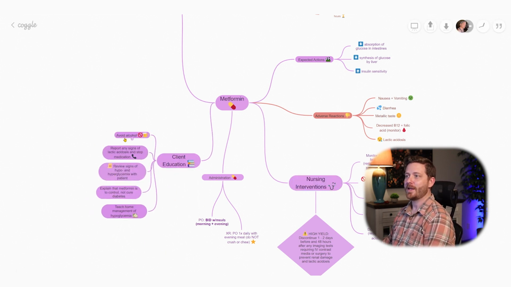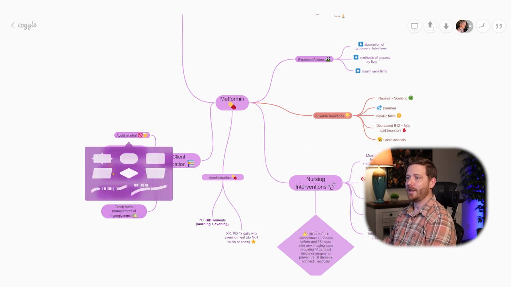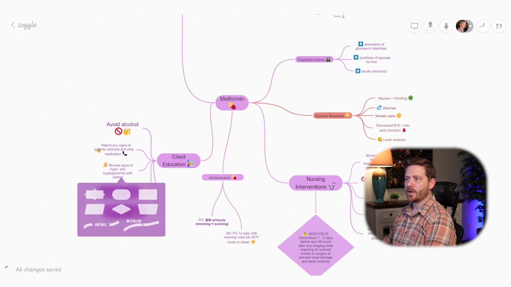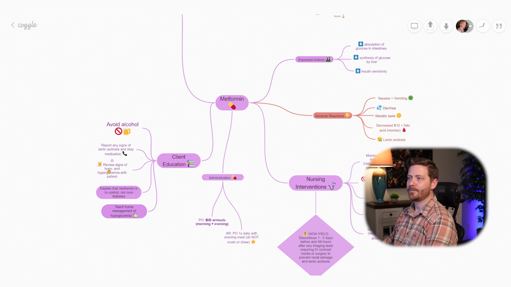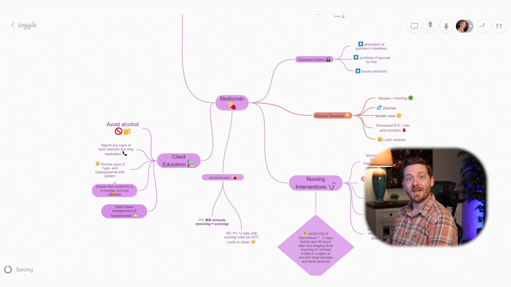So if you can't tell by now, alcohol is usually recommended to avoid in a lot of medications, which I know can be a big bummer for some. So we're going to report any of those signs of lactic acidosis and stop that medication. We're going to go back over those hypo and hyperglycemia symptoms that we went over in part 2 with the patient, so that they know what they're looking for as well when they're at home and out and about in the community.